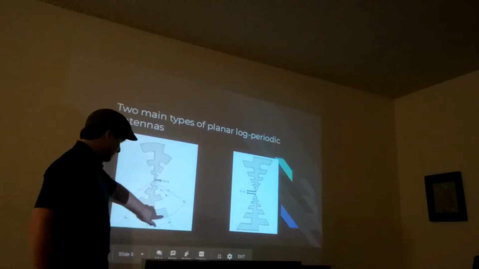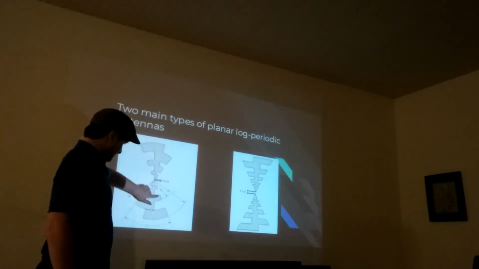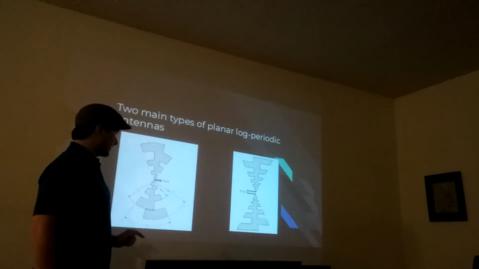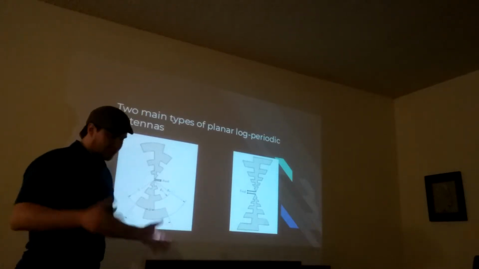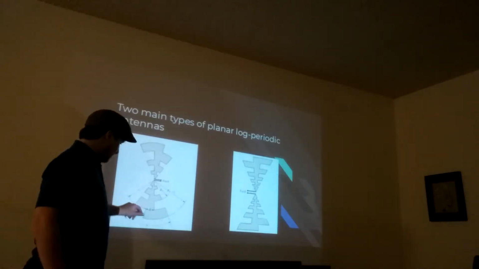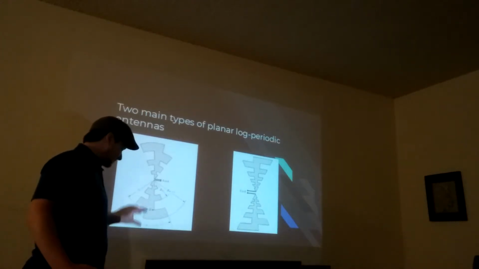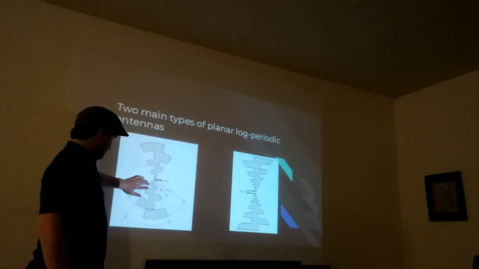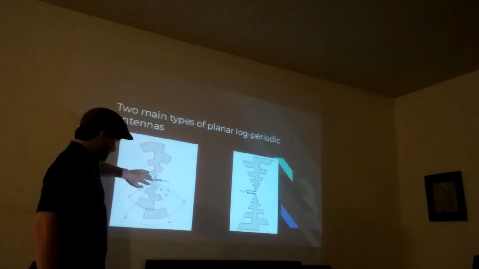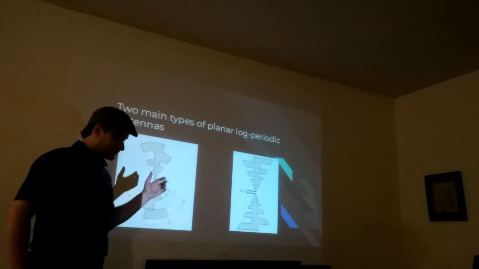Each tooth that you add onto these log periodic antennas, you get more bandwidth. So the more teeth out this way, the lower frequencies you can get in your bandwidth. And the more teeth you have going in towards the center, the higher frequencies you get in your bandwidth.